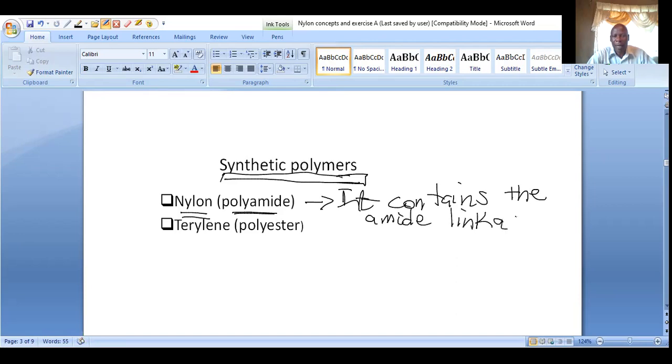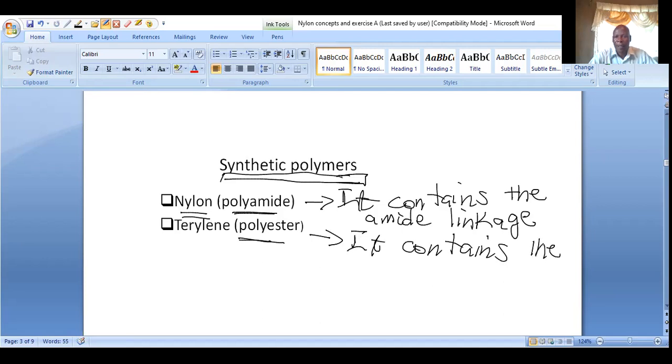The link between the backbones is associated with the amide linkage, and therefore nylon is known as a polyamide, while the other one is a polyester because it contains the ester linkages between the backbone.